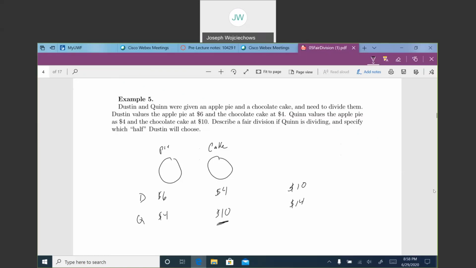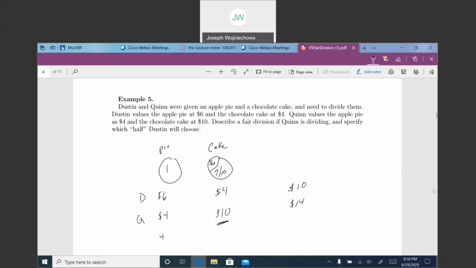So what if Quinn just did this and said, I'll take 7/10 of the whole chocolate cake. So split it like this. Because in Quinn's eyes, the pie is 4, and 3/10 of the cake is 3, so that's 7. Or 7/10 of the cake would be 7. So in Quinn's mind, they're equal.